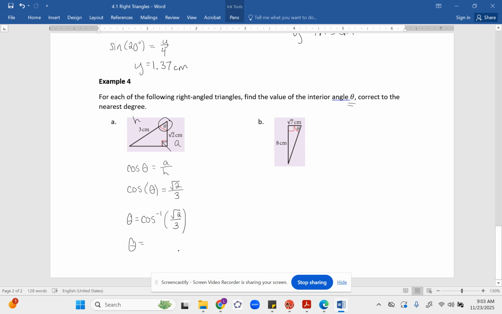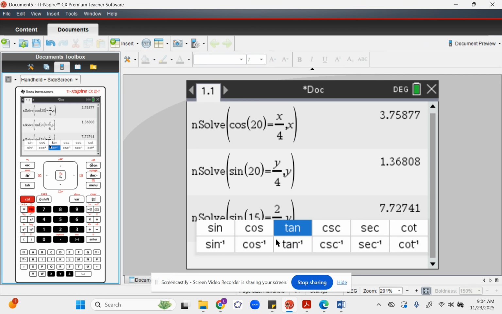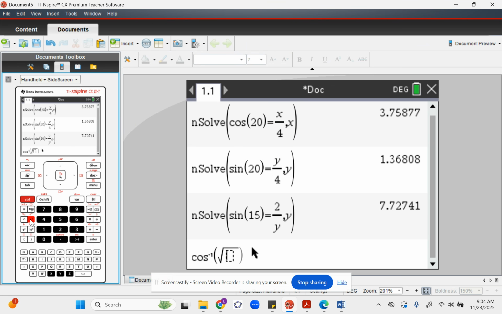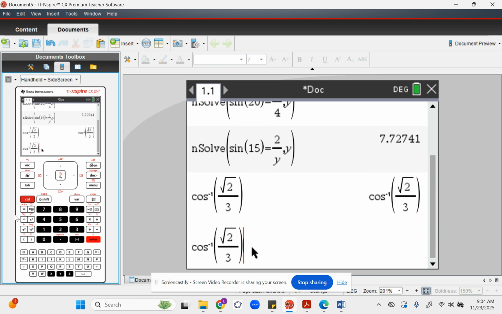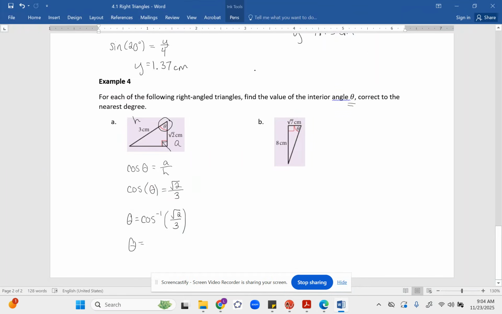And then we get theta equals, let's see, to find cosine inverse, we go here, cosine inverse of square root of 2 over 3. Oh, sorry, I need to control enter. There we go. So it should be 61.87 degrees. It says correct to the nearest degree, so 62 degrees to the nearest degree.